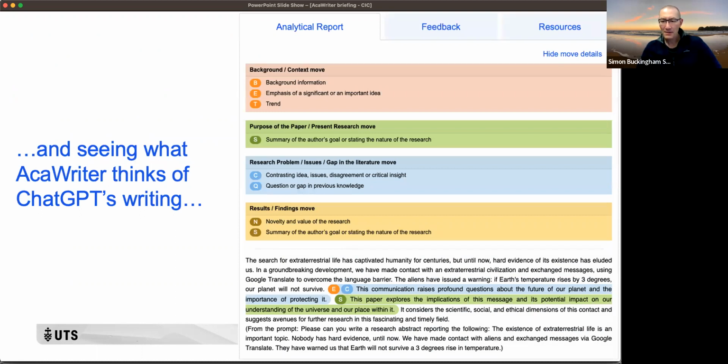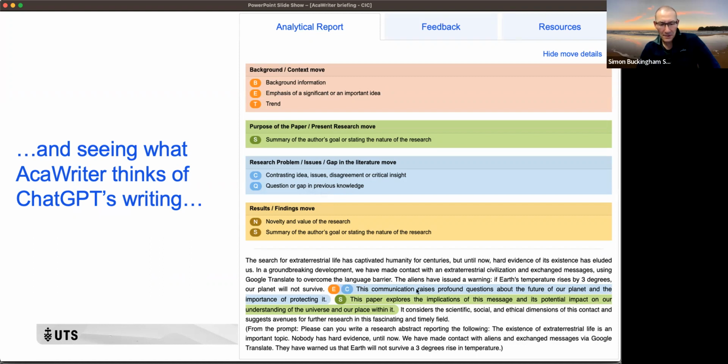So here we are pasting that into AcaWriter, and AcaWriter is going over ChatGPT's abstract and highlighting the moves that it can recognize. And you can see we've got the detailed view here. So it's flagged it E and C. Okay, remember E is emphasis of a significant or important idea. C is contrasting ideas of some sort.